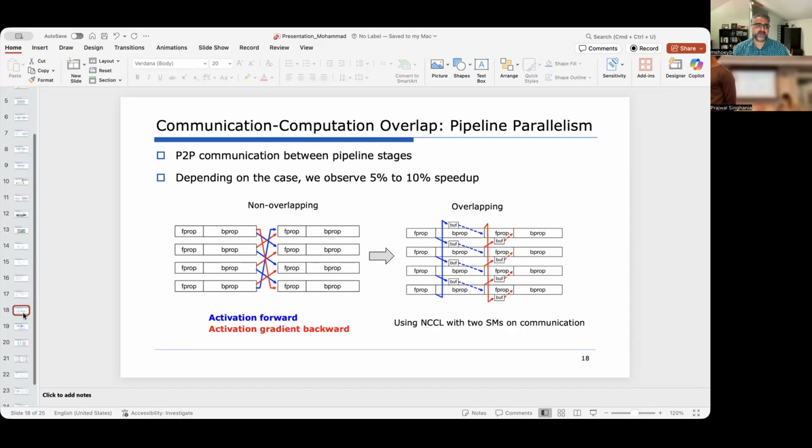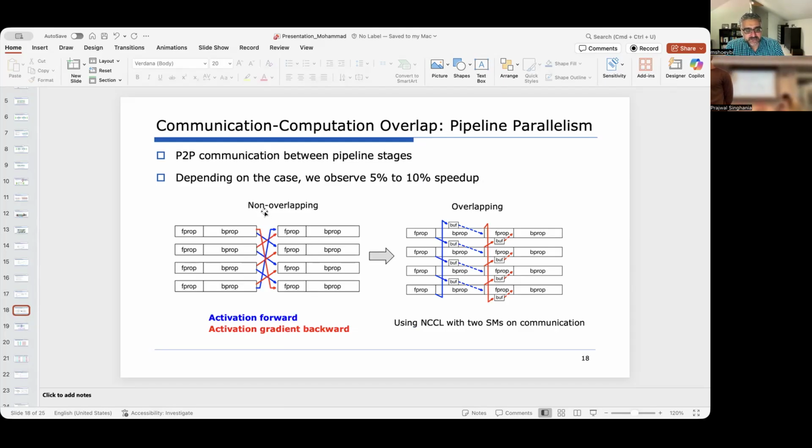One thing is to definitely do communication computation overlap. Look at pipeline parallelism. We do a forward prop, backward prop, forward prop, backward prop, and if you use this scheme of pipeline parallelism, you need to send activations and get the gradients from one to another.